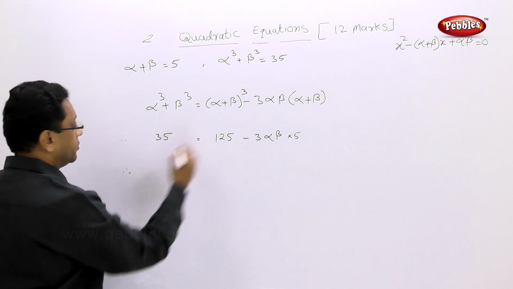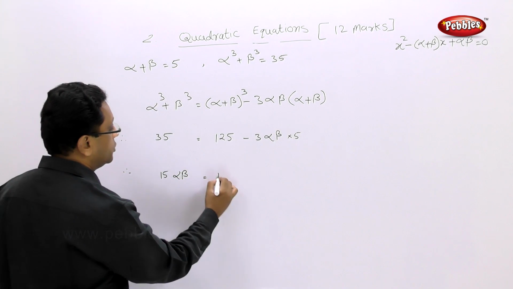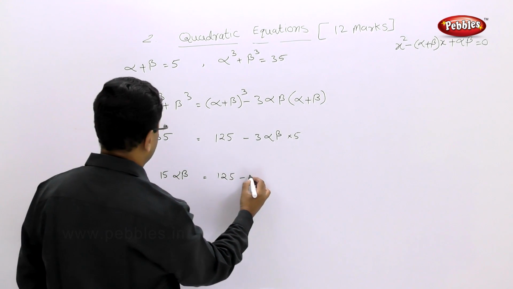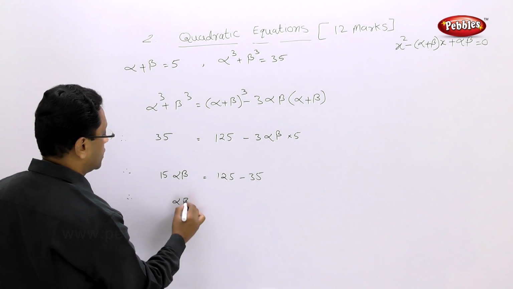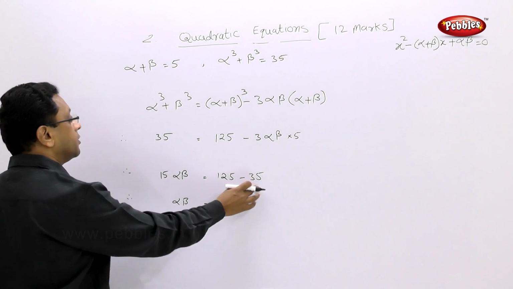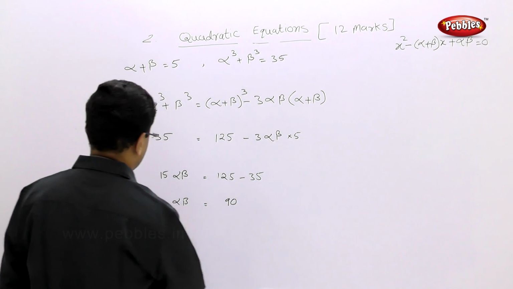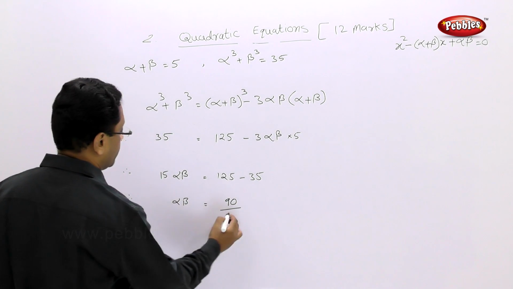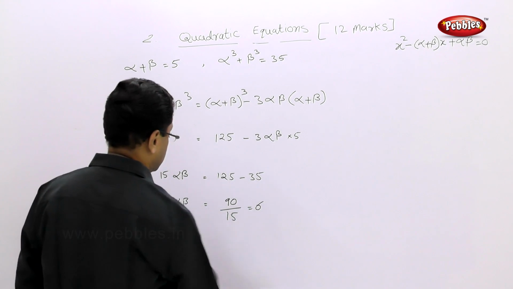So we have 15 alpha beta is equal to 125 minus 35. So alpha beta is 125 minus 35, which is 90, upon 15, equal to 6.